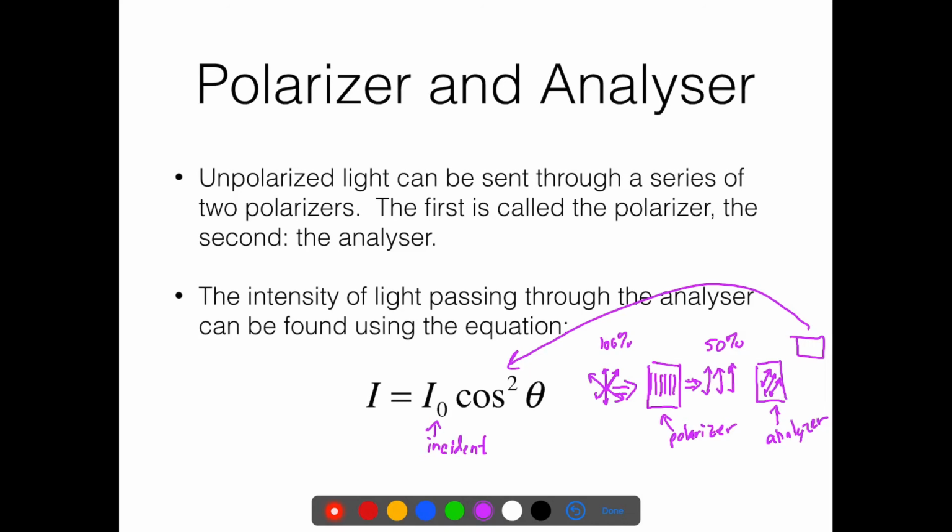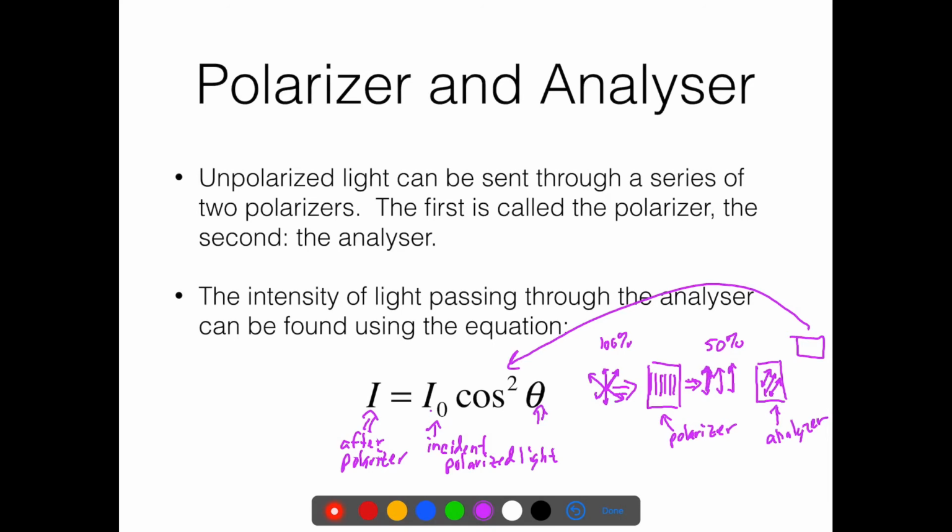And that can be an intensity. It can be a percentage, right? We can start with 100% and go to 50%. This is the after the polarizer. Remember, this doesn't work if the light isn't polarized. This is only for incident polarized light.